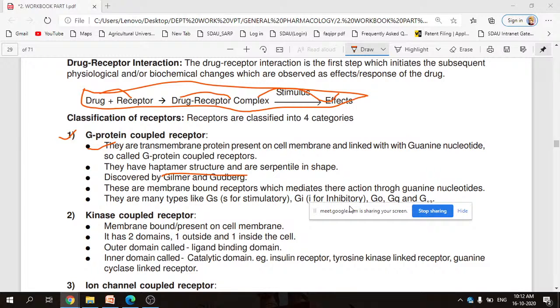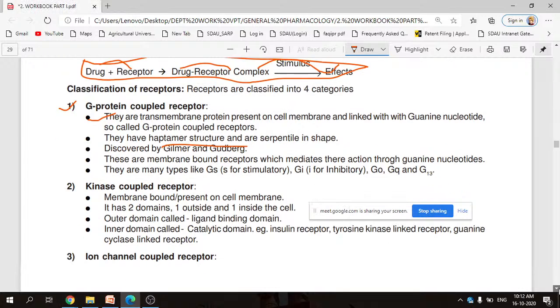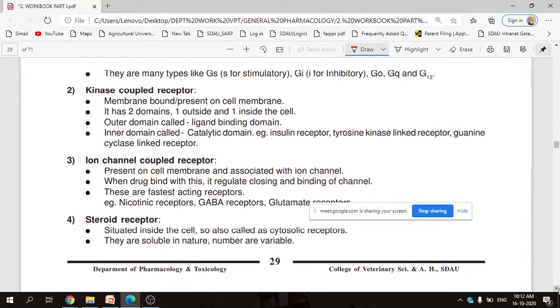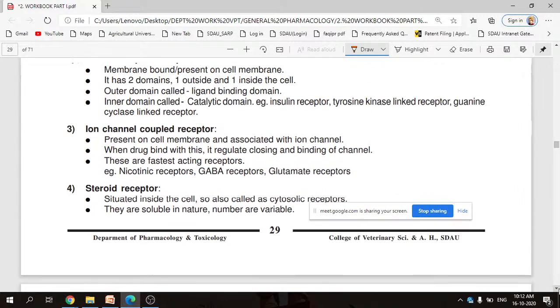Now, kinase coupled receptor. Already, I have shown you that clip. Tyrosine kinase is an enzyme, and when the drug combines with the receptor, there is activation of the tyrosine kinase, and this activation will lead to many biochemical actions. Another is the ion channel coupled receptors.